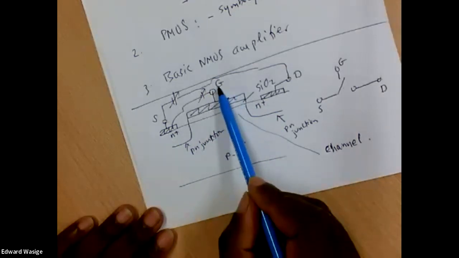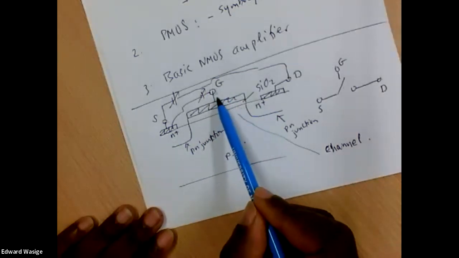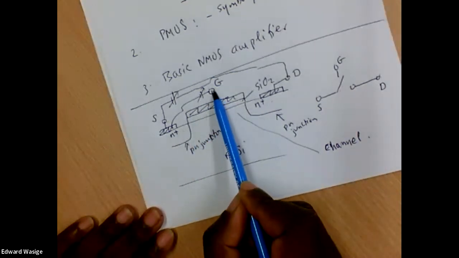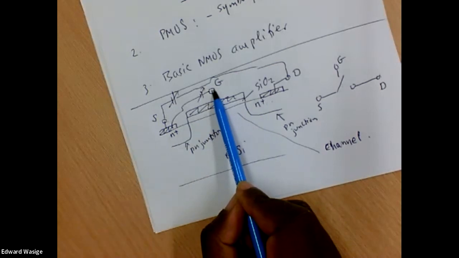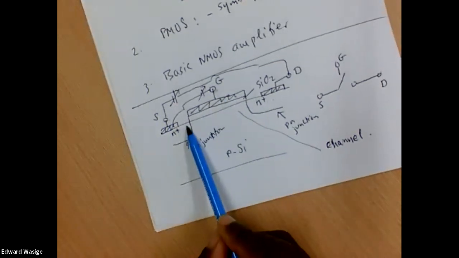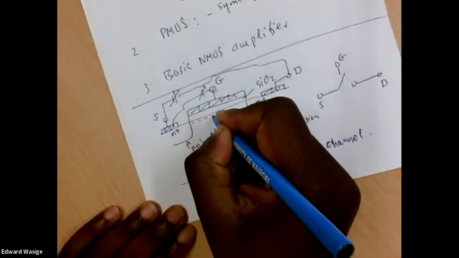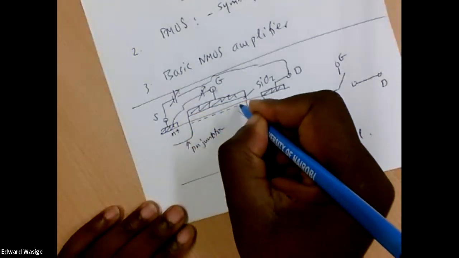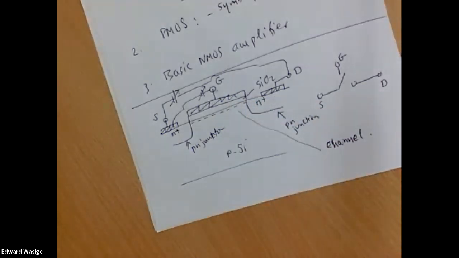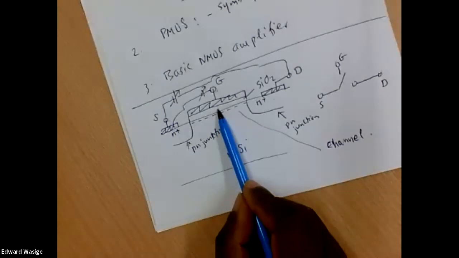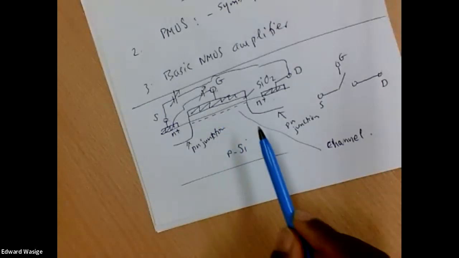But if we increase the gate voltage high enough, this positive voltage, we have electrons in those two regions. So if we increase this positive potential high enough, it will attract the electrons. And when it attracts the electrons, they come and accumulate just on the surface of the silicon, underneath the SiO2 layer.